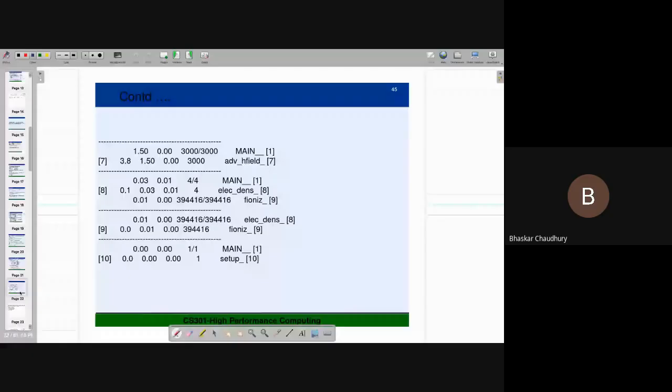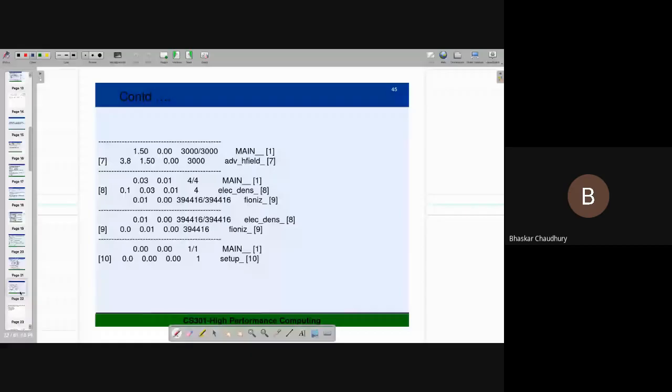Okay. So two important things we have understood. We should do an overall balance analysis. One is the code balance, which is specific to the code or the application which has been given to us, and the second is machine balance, which is specific to the machine, how the machine is going to perform.